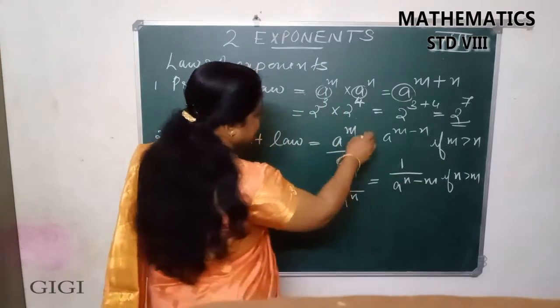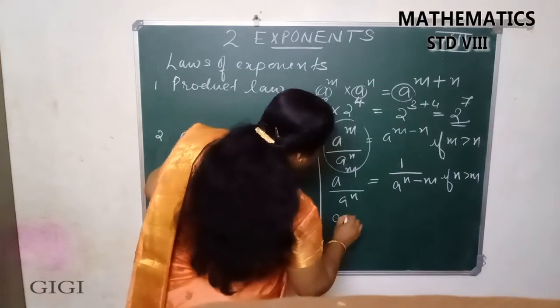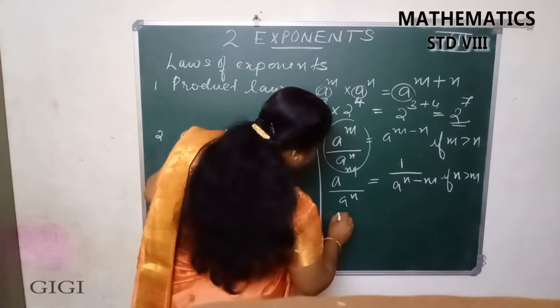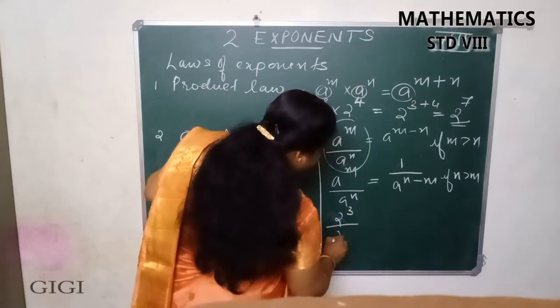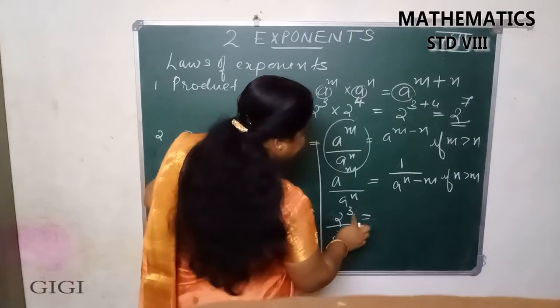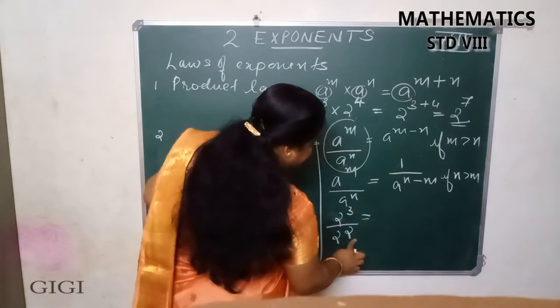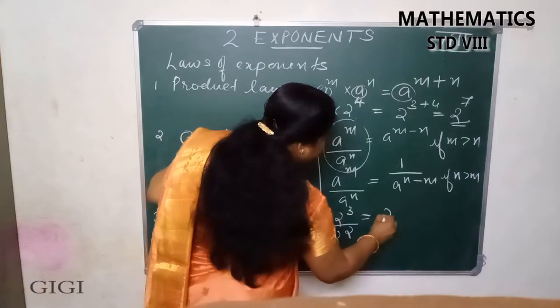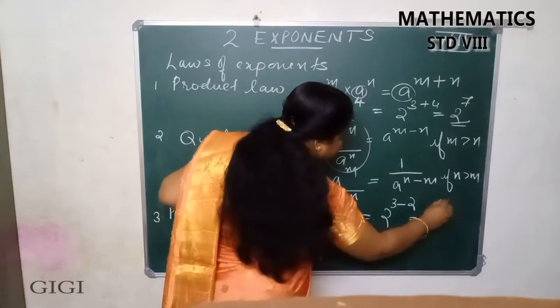For example, 2 raised to 3 by 2 raised to 2, here this is m and this is n. M is greater than n, so we can write it as 2 raised to 3 minus 2, that is 2 raised to 1.